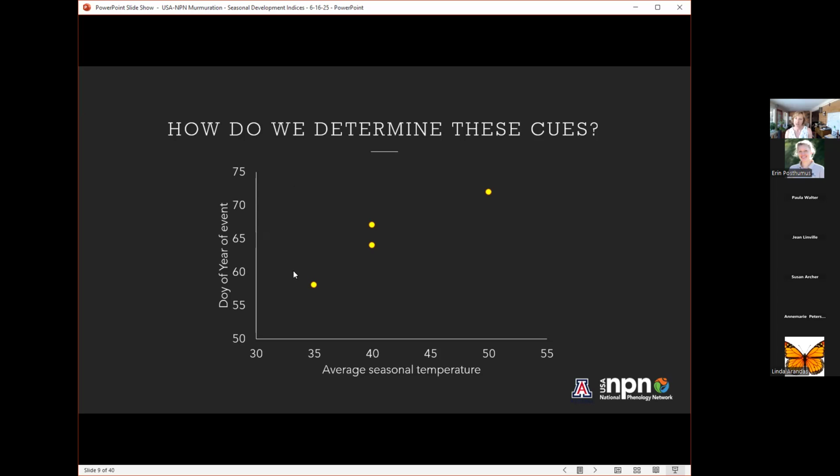In year one, they observed this thing. Let's say we're talking about pine needle scale crawler emergence. They saw it on day 58 of the year. When I say day of year, what that refers to is, if we take the 365 or 366 days in a year, in a leap year we have 366, we just start numbering January 1st as day one and January 2nd as day two.